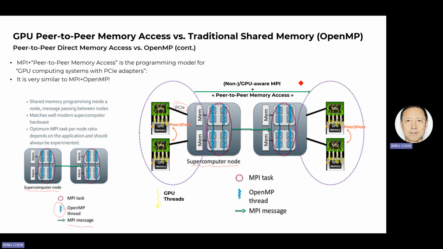Now, there is GPU-aware MPI and non-GPU-aware MPI. If you have GPU-aware MPI, you can realize the message passing between this memory here, let's call it PSUM. You can send this data through GPU-aware MPI and put the data here, called PSUM.